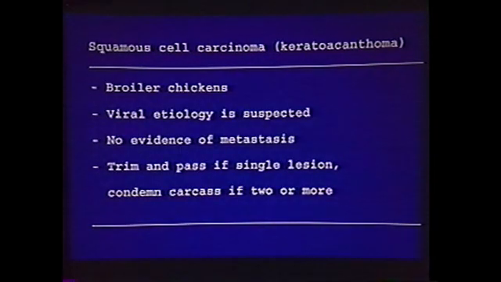It is suspected to be due to a viral etiology, but this has not been confirmed. If there is a single lesion, you can trim and remove it. If there is more than one lesion, you can condemn the whole bird.